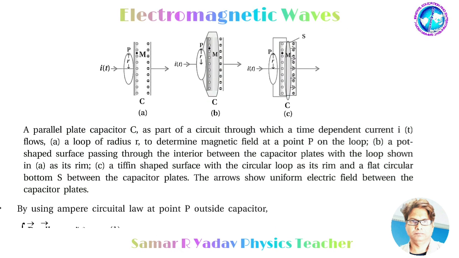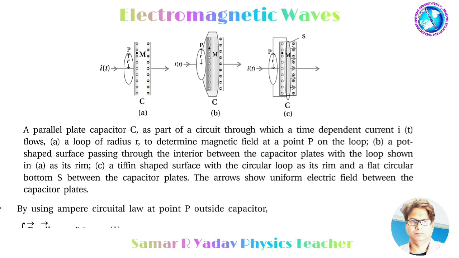You can see in the figure a parallel plate capacitor C as a part of a circuit through which a time dependent current I(t) flows. A loop of radius r is used to determine the magnetic field at a point P on the loop.